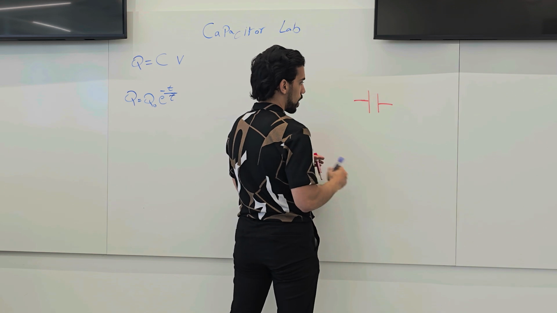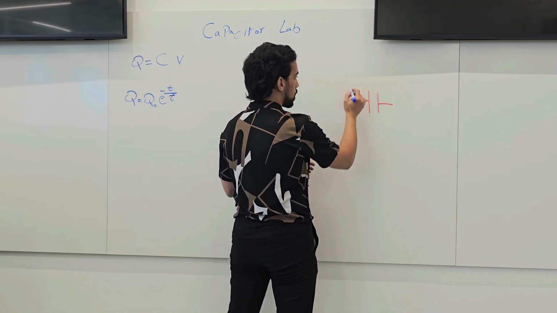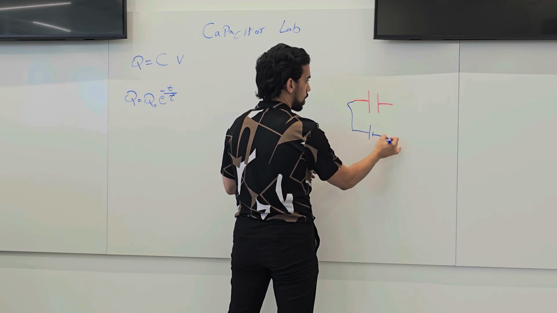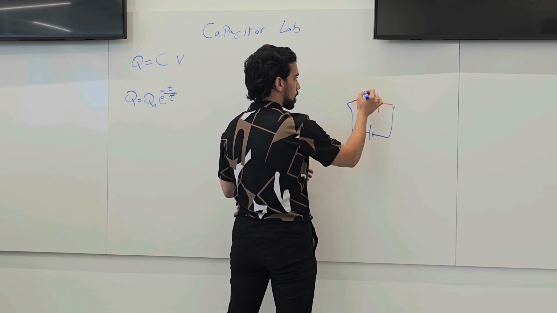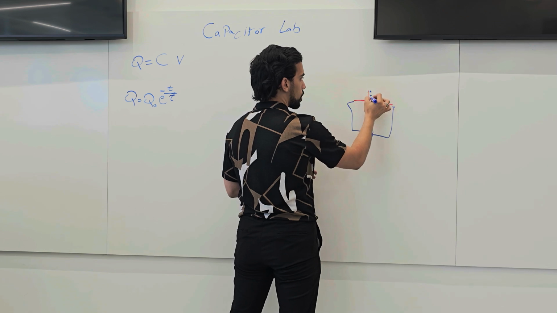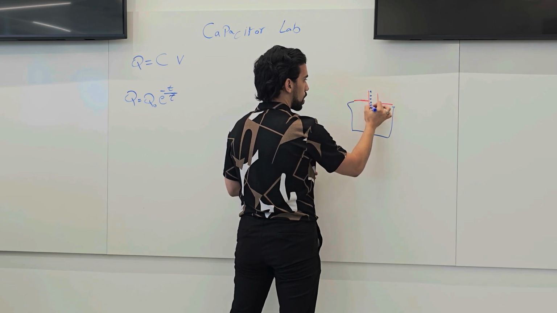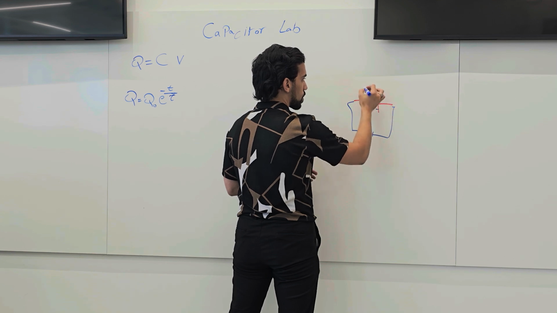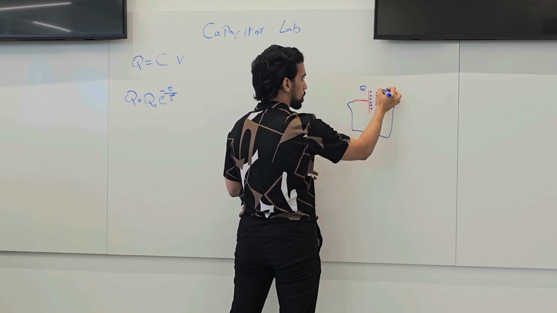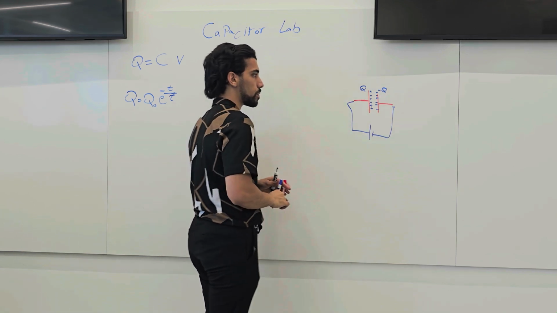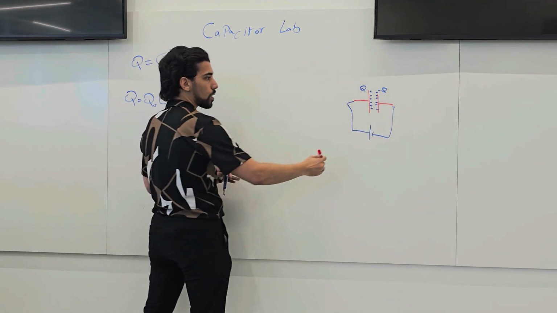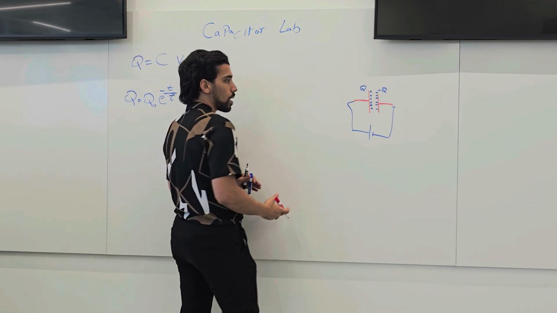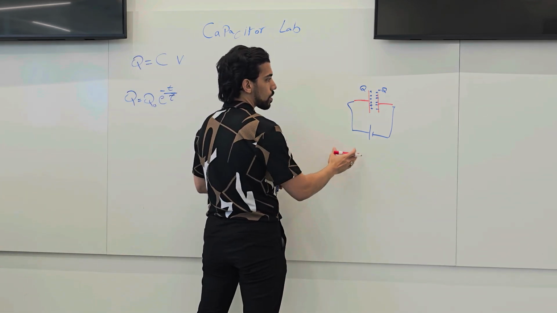So for example, if we have here a higher potential, let's say it's connected to a power supply, basically this starts to accumulate some positive charges and this one negative charges. So this one is going to be Q and this one minus Q. So during these two different states, one is a long term or constant state.